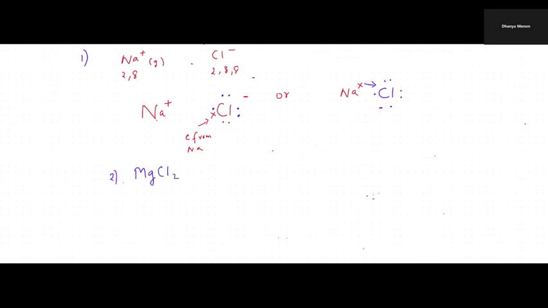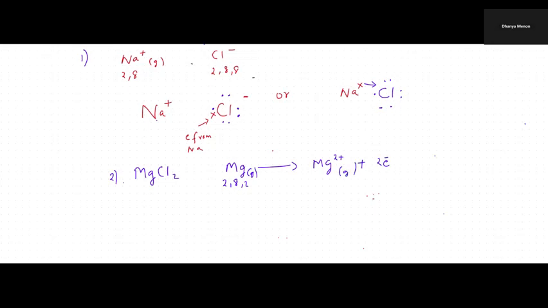So magnesium is 2,8,2. It is losing 2 electrons to form magnesium 2 plus ion, all in the gaseous form.